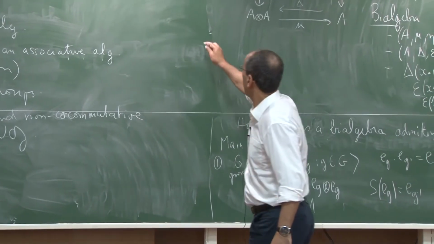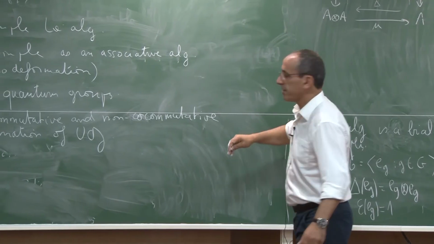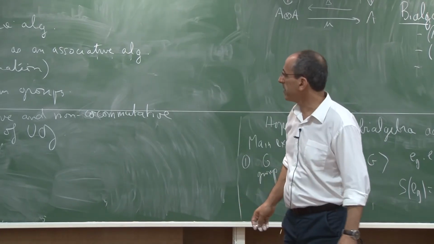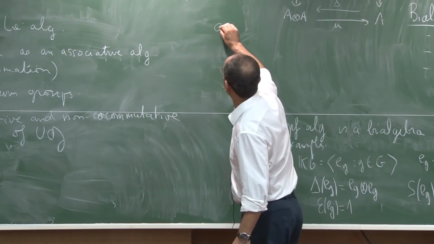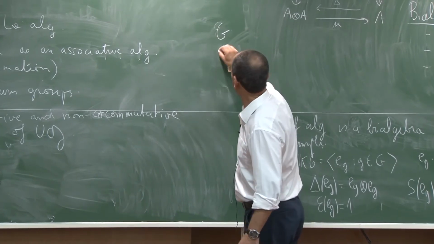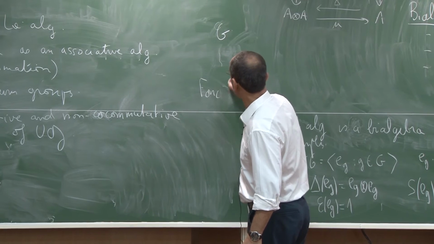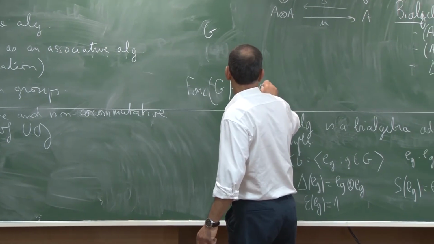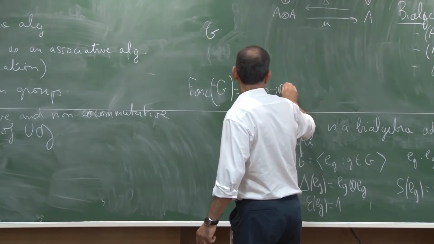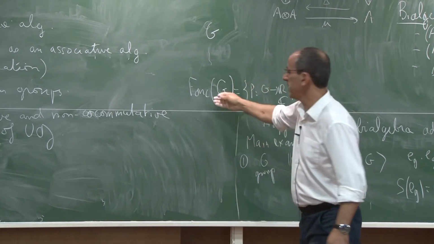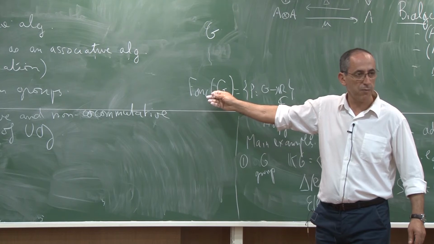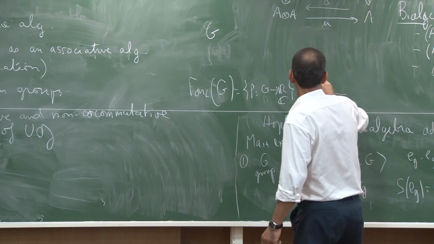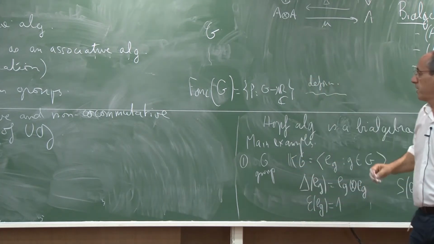And the idea from the St. Petersburg school, Faddeev and his collaborators, was to consider a group, and then consider the functions on the group, which means the set of f going from G to R, for example, or C. And this is a commutative algebra, and we deform this to a non-commutative algebra.